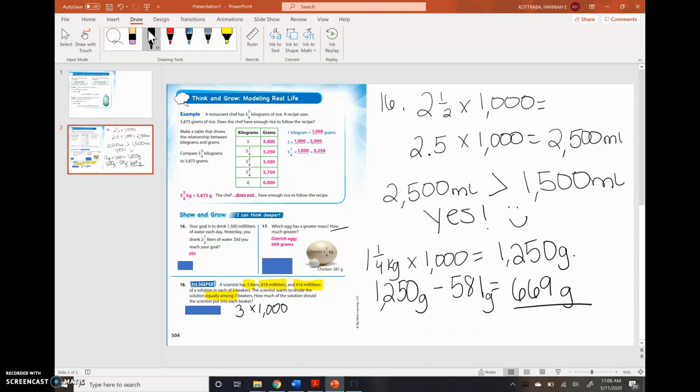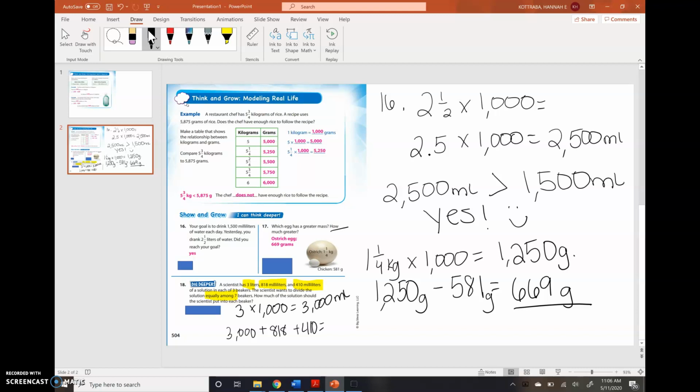Okay, so that would equal 3,000 milliliters. Then you just want to add it all up to see how many milliliters we are going to have to divide. So we take the 3,000 milliliters and we add the 818 milliliters and the 410, and that will show us how much solution we have in total.